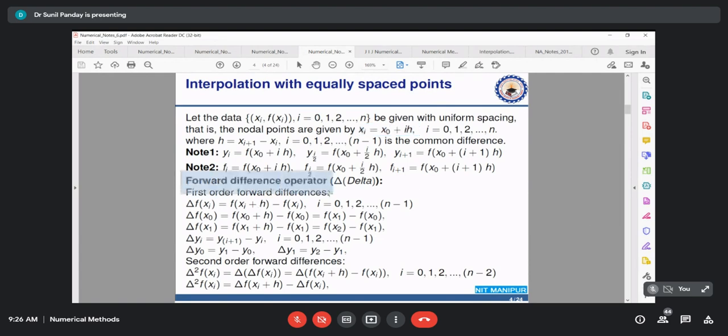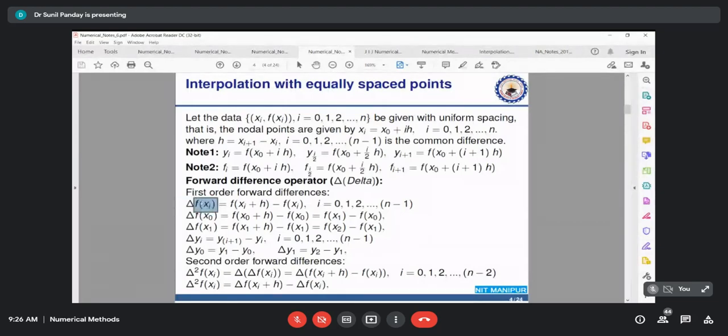And then we have our first difference operator, that is known as delta, this triangular shape. And then we define the first order differences. So you have to notice this thing: I'm writing here first order. It means I'm applying delta one time to any function f of x.